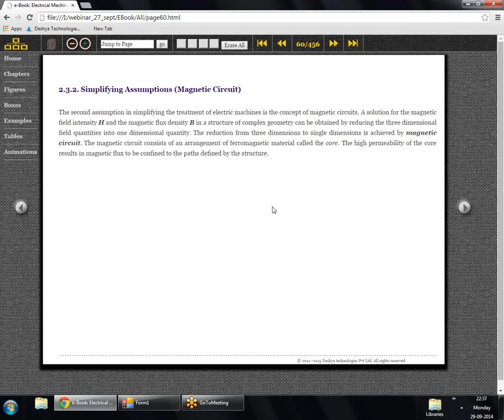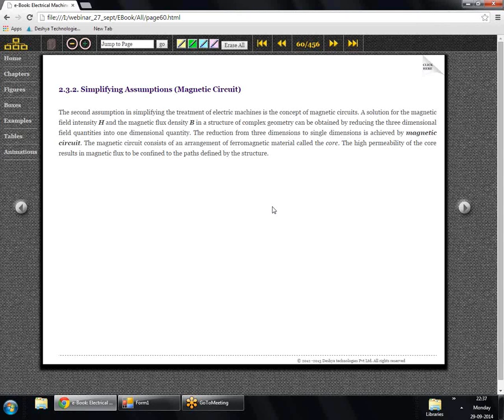Now to build our model of the magnetic circuit, we will have to make some simplifying assumptions, and one of the assumptions that we make is that we do not take into account magnetic saturation. Once we do not consider magnetic saturation, our analysis becomes simpler.